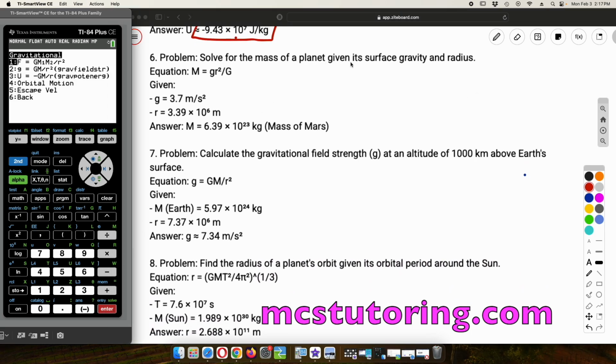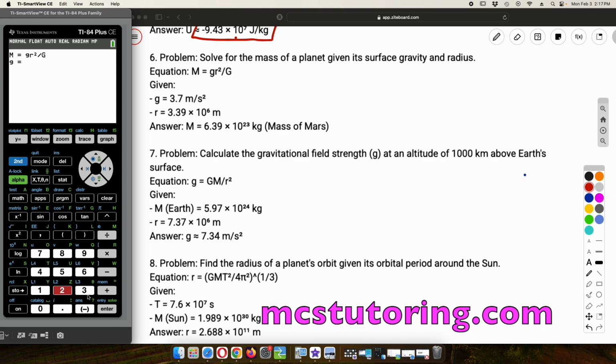Okay. Solve for the mass of the planet given its surface gravity and radius. So here's the thing. We're going to do M equals g r squared over G. And that looks like gravitational field strength here. So we're going to solve for the mass, which is a big M, not the little m.